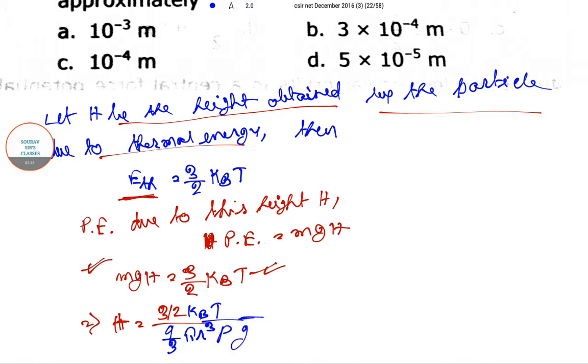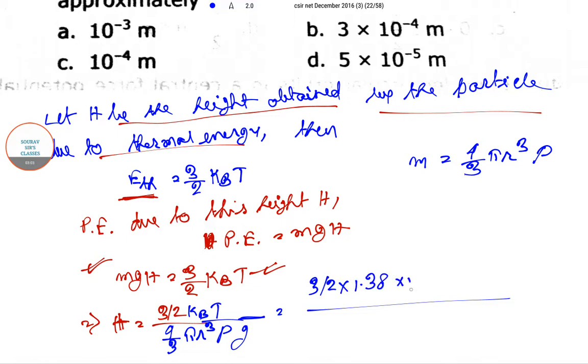This is the mass of any substance, which we can write as volume into density. 4/3 pi r cube is the volume and density is rho. So this equals 3/2 into 1.38 into 10 to the power minus 23 joule per Kelvin. This is the value of kB, the Boltzmann constant.